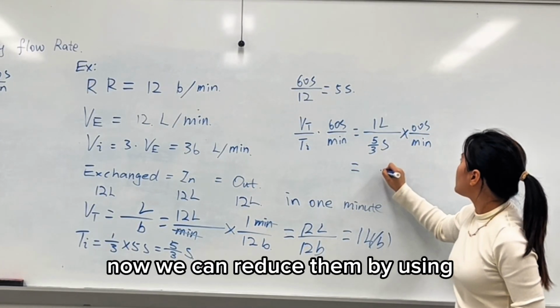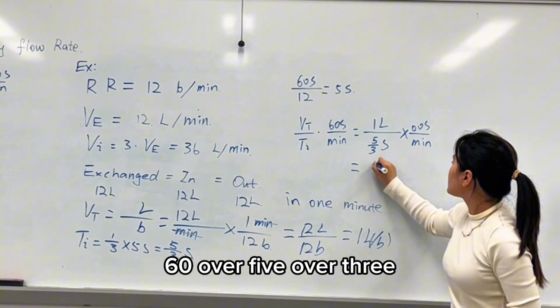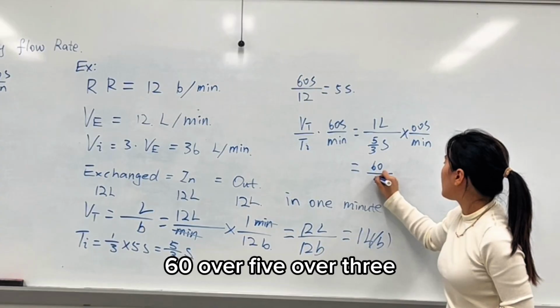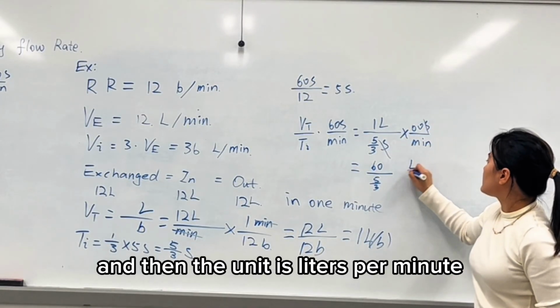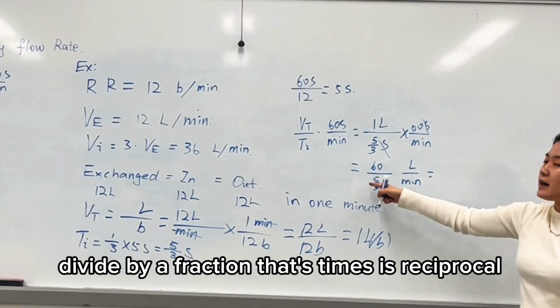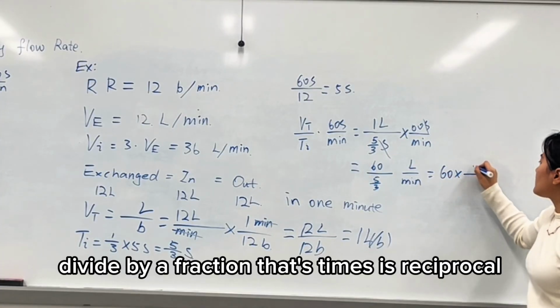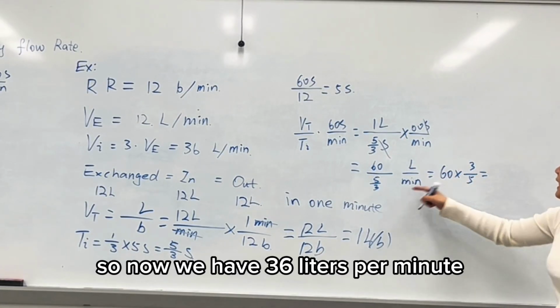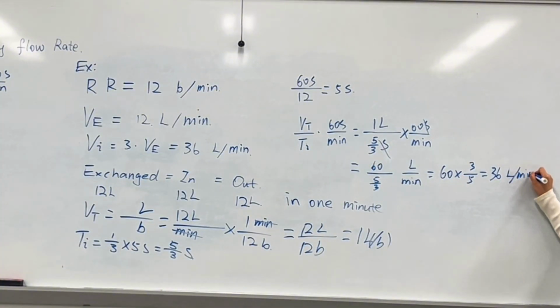Now we can reduce: 60 over 5 over 3, and the unit is liters per minute. Dividing by a fraction is the same as multiplying by its reciprocal. So now we have 36 liters per minute.